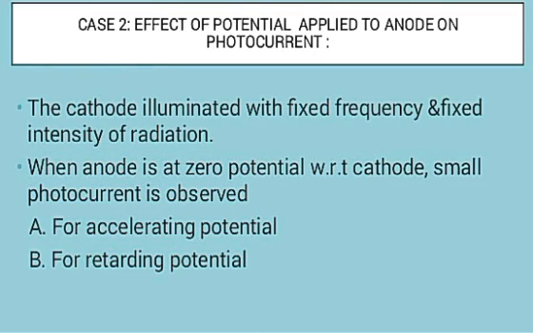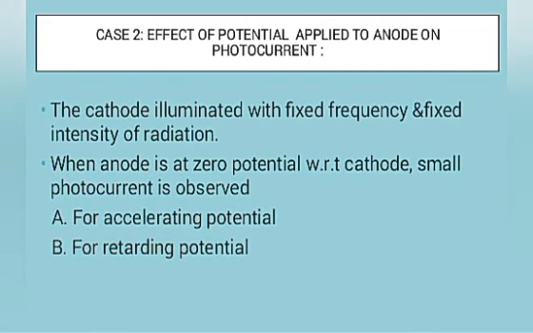Means here anode is connected to negative terminal of the battery and cathode is connected to positive terminal of the battery. Then anode is at negative potential and cathode is at positive potential. Remember these things, right? So let us discuss these two sub cases one by one.